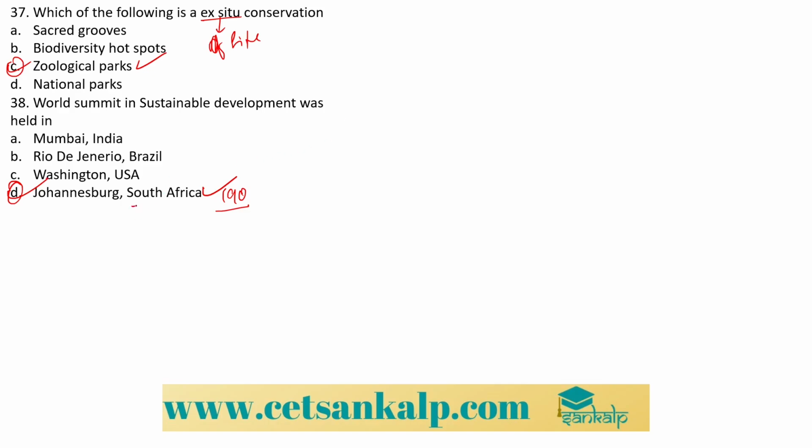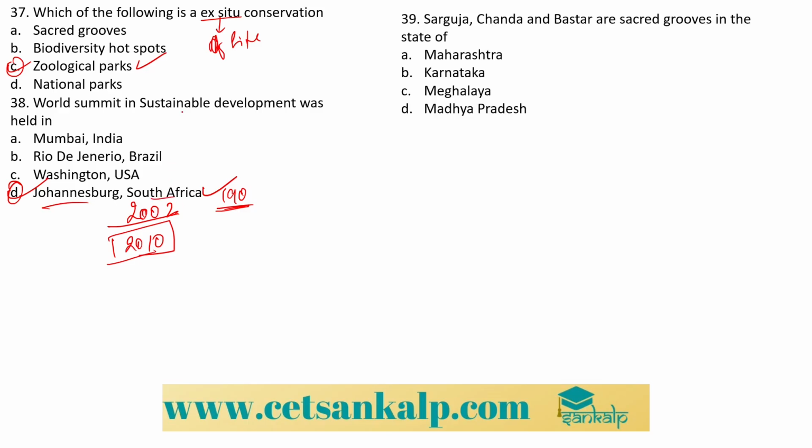It was held in 2002, and the goal they wanted to reach was 2010. They pledged to conserve the resources and biodiversity of their countries by 2010. It was held in Johannesburg, South Africa.